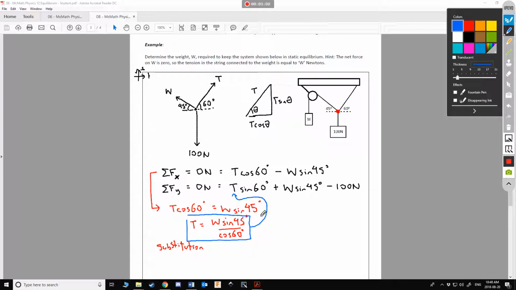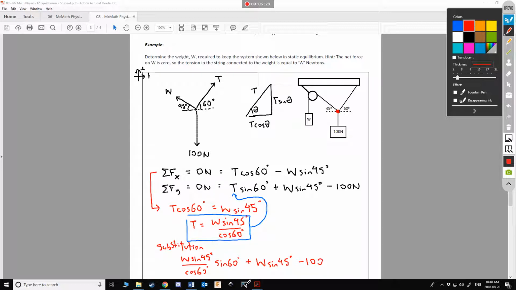So we're going to end up with W sine 45 degrees over cos 60 degrees times sine 60 degrees. All we did was say T is now this term, so this term multiplied by sine 60, and you have plus W sine 45 degrees minus 100.